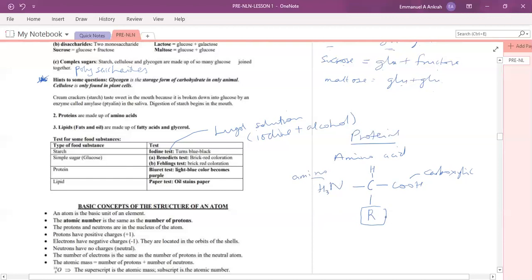The only difference is what we call the R group. The R group is made of carbon chains. In organic chemistry, this is what we call a carbon chain.